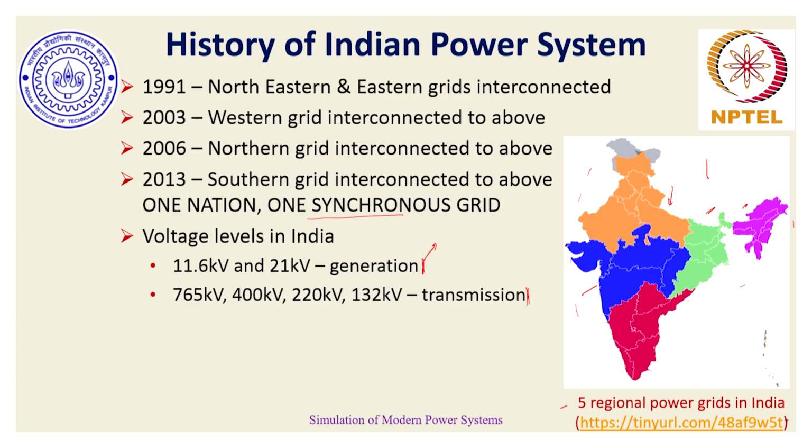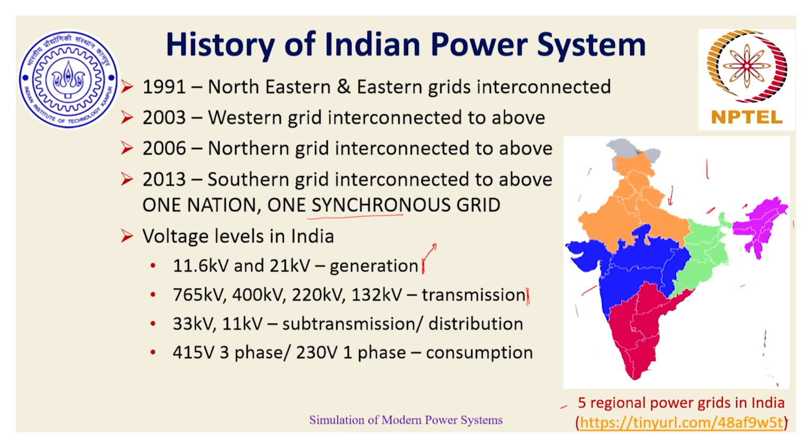And at the load end, it is not safe to have appliances which consume power at hundreds of kilovolts, hence we have the distribution network where the voltage gets stepped down, and eventually consumption through this distribution and sub-transmission network happens at 415 volt three phase or 230 volt single phase.